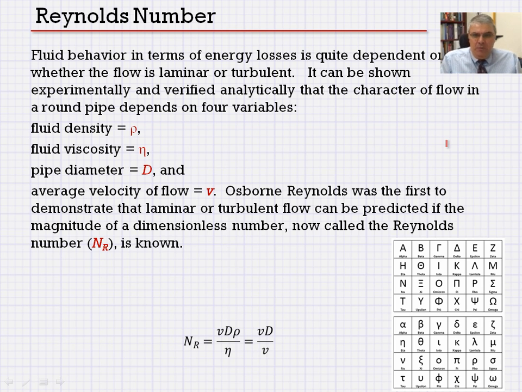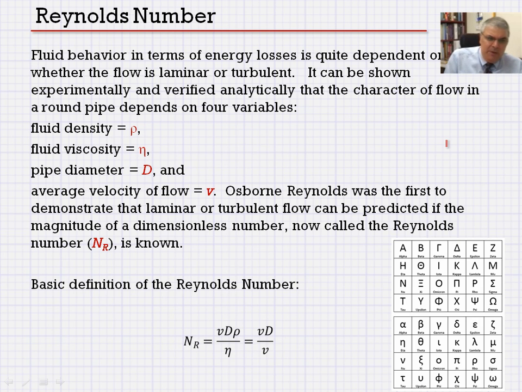Mr. Osborne Reynolds was the first one, or among the first, to demonstrate that laminar or turbulent flow can be predicted by a dimensionless number. This dimensionless number is called Reynolds number.